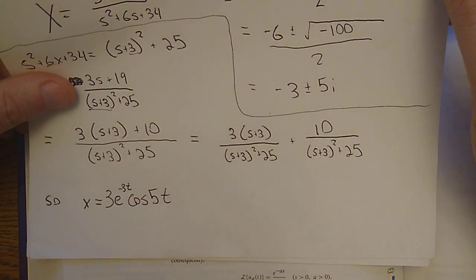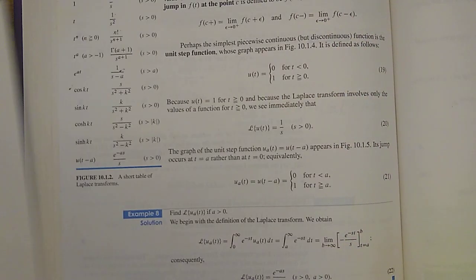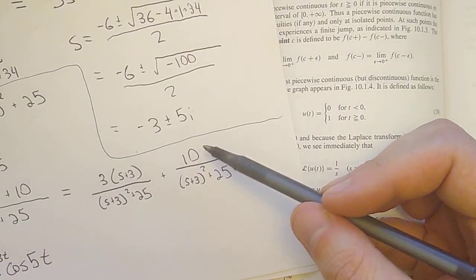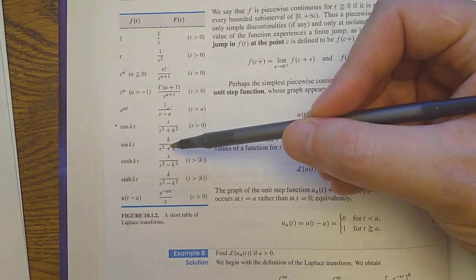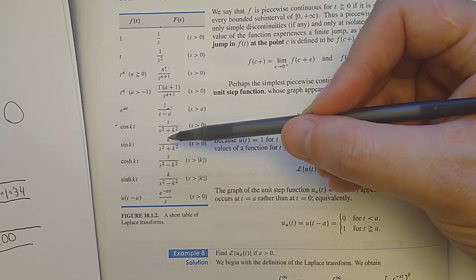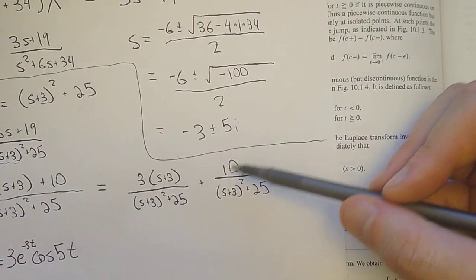Okay, let's do the next one, because I still have to find the inverse Laplace transform of this. So I would look at my chart. This one does not have any s's on the top, so this is going to be more like this. K would be 5, and I'm supposed to have a 5 on top then. Actually, what I have is a 10 on top, but that's okay.